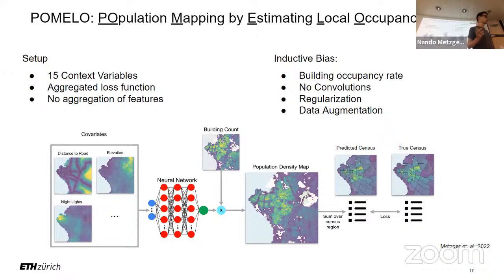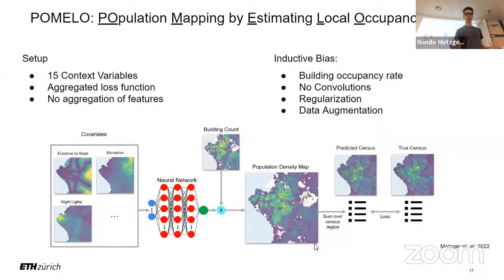One more thing I wanted to mention here. You notice that in this pipeline there are 2 different scales: the high resolution scale, like the covariates and the population map, and the census scale. How you switch from one to the other is this sum operation.